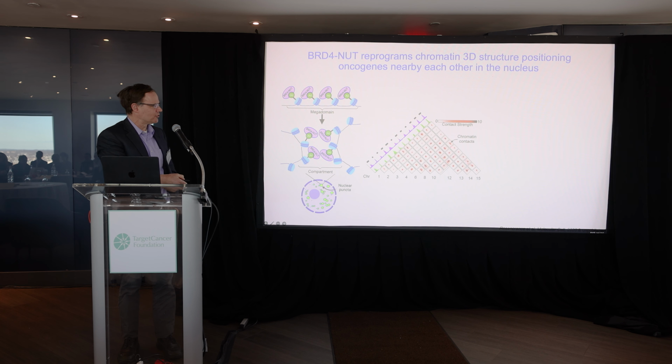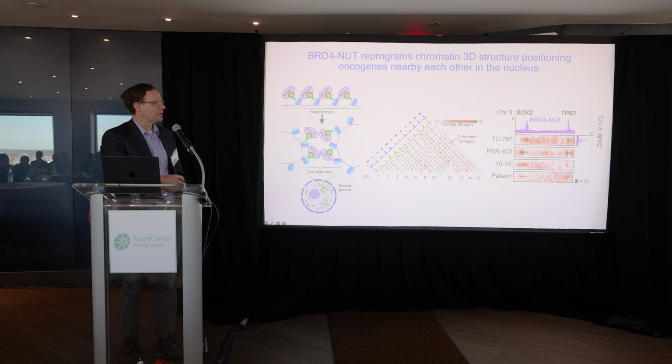This is the data showing that there's a ton of interchromosomal interactions occurring as a result of these megadomains. One of the important interactions is between chromosome 5, which has SOX2 and P63 on it, and MYC.